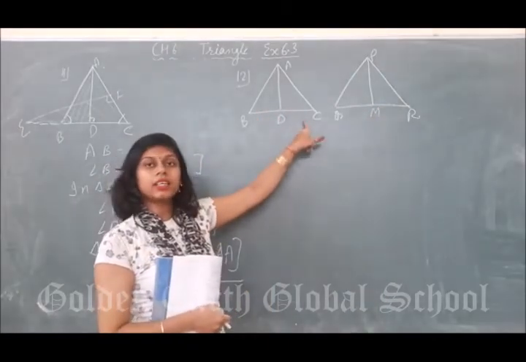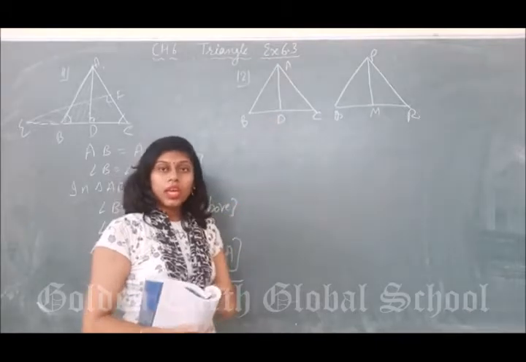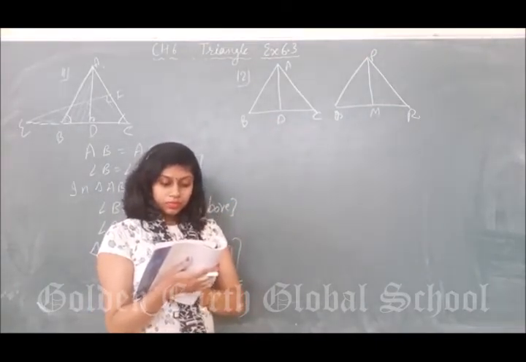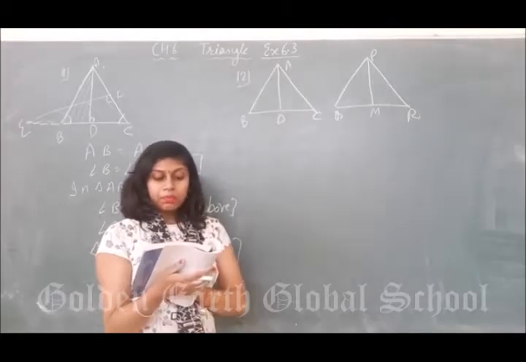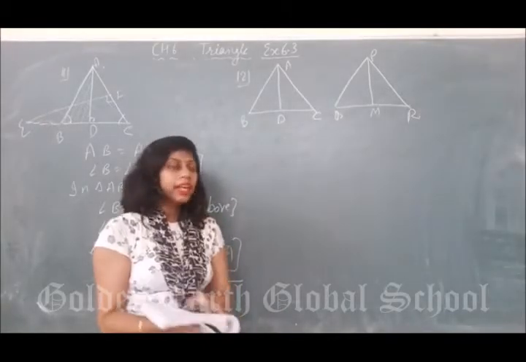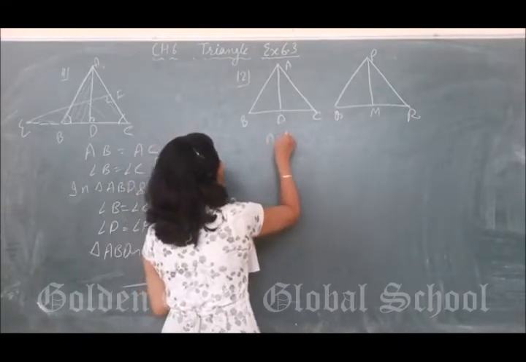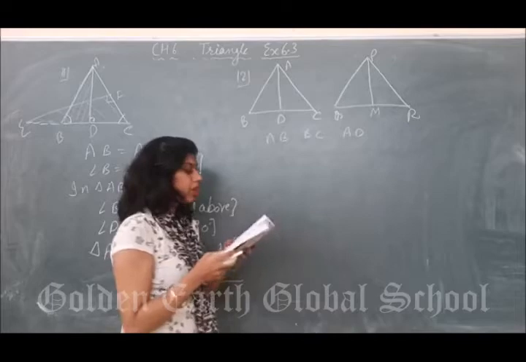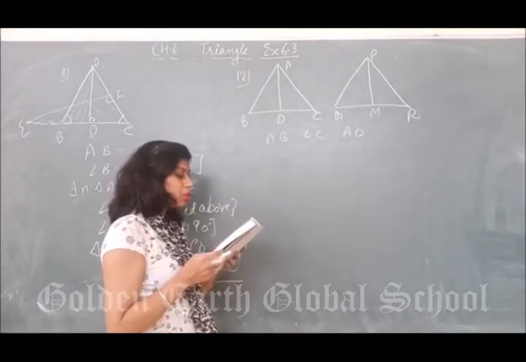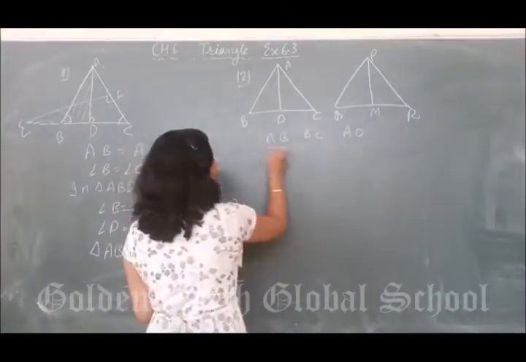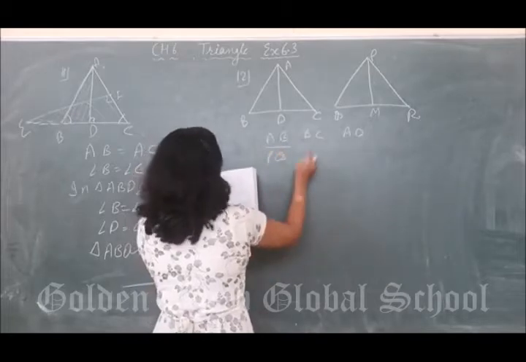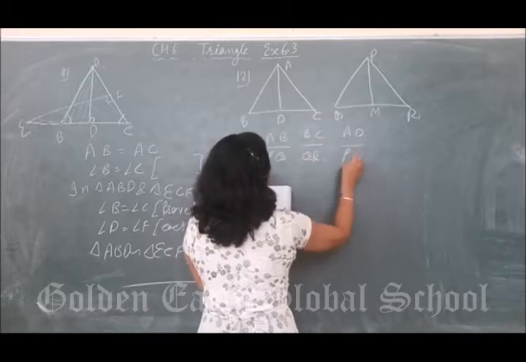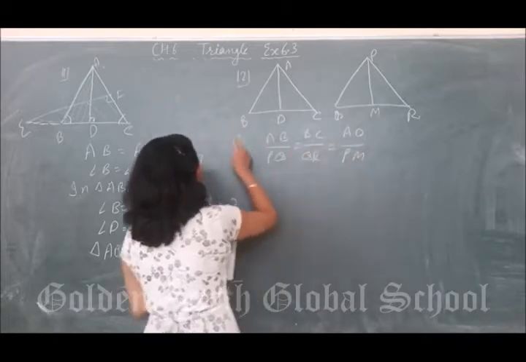A median divides the third side into two equal parts. Sides AB and BC and median AD of triangle ABC are respectively proportional to the sides PQ, QR and median PM. So all the ratios are equal. This is given.